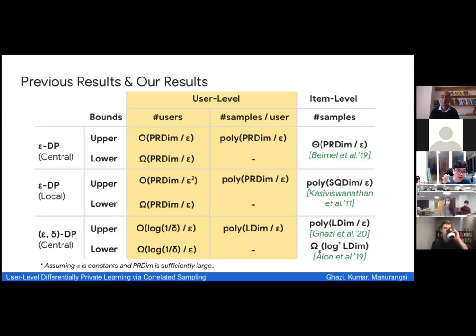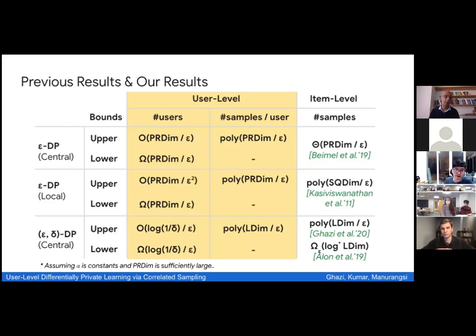But in the user level, the O of probabilistic dimension divided by epsilon doesn't depend on alpha. So you can get a very accurate learner while the number of users doesn't grow, but of course the number of samples per user would grow.